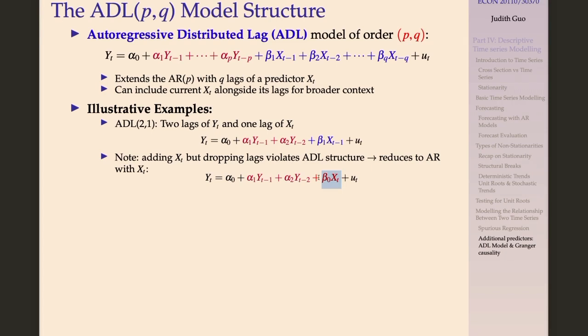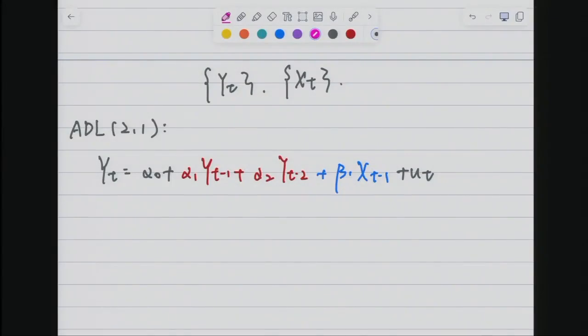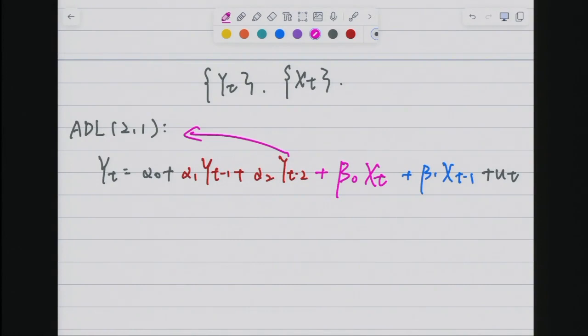Okay? Whereas, if you have this ADL(2,1), and you've decided to add an extra X_t term, this is still an ADL(2,1) because it has 2 lags of Y and it has 1 lag of X, okay? Whereas the one on the slide, dropping the lag of X, is not an ADL, it's only an AR.